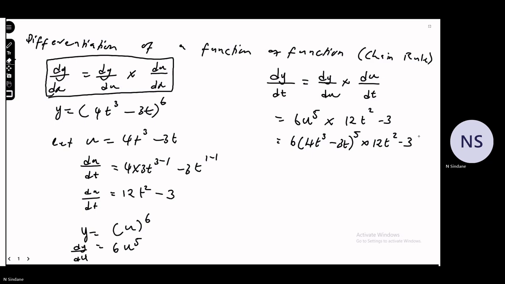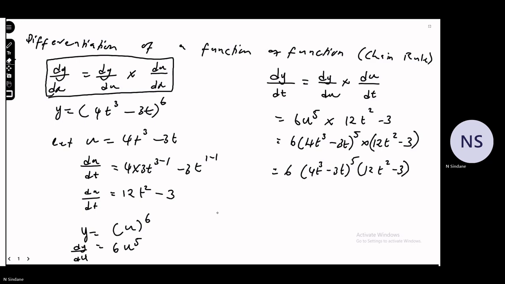This is what I have. Then you can just say 6 into (4t cubed minus 3t) to the power 5 into (12t squared minus 3). That is your solution for this question.